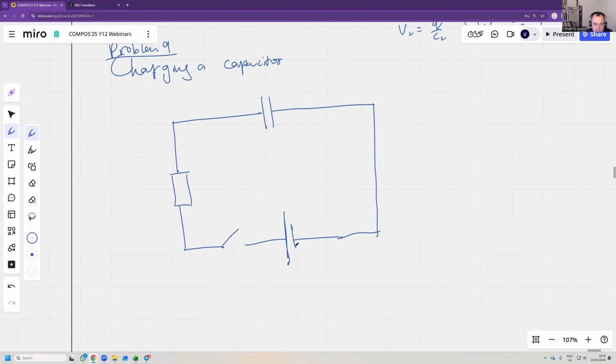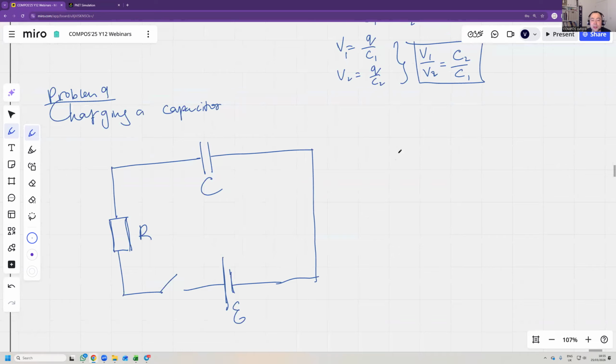So this is a battery, so that's EMF. The capacitor has capacitance C, and this is a resistor R. This is also known as a CR circuit. Good. We will also be studying later on LC circuits.